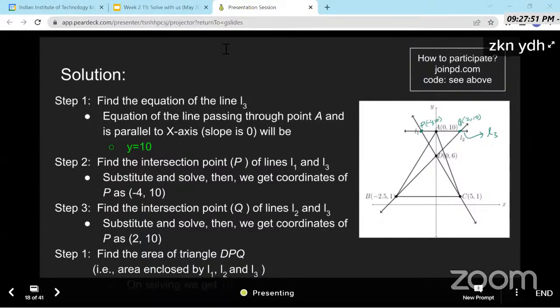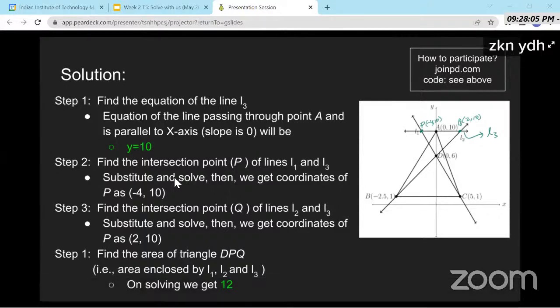I get it. So let's go with step 2. In step 2, we found out the equation of line L3. Now once we know L3, how do you get the intersection of two lines? You do it either by substitution or by elimination, right?